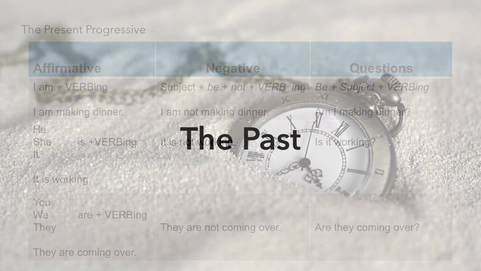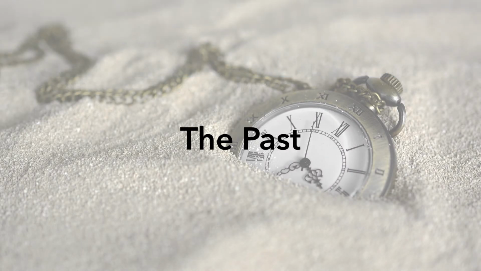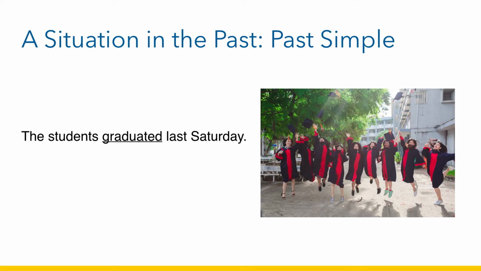Let's talk about the past now. We can use the past simple to talk about a situation in the past, whose beginning and ending are clear to see. For example, the students graduated last Saturday.